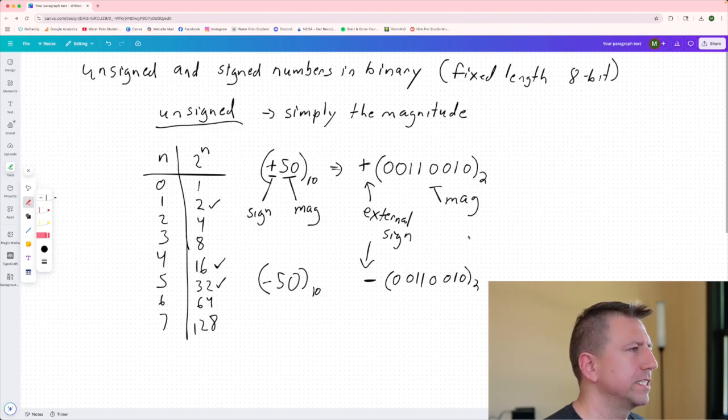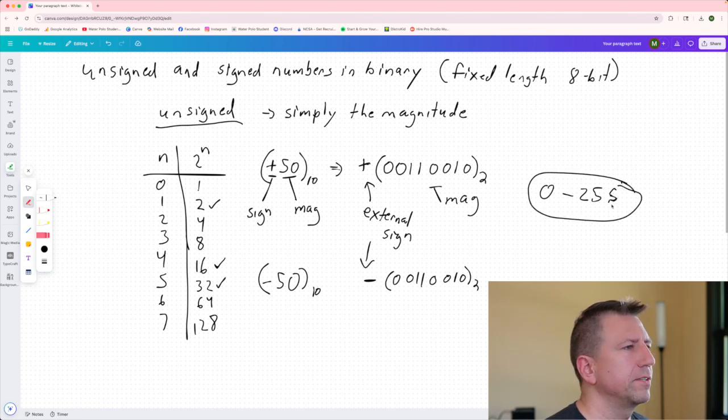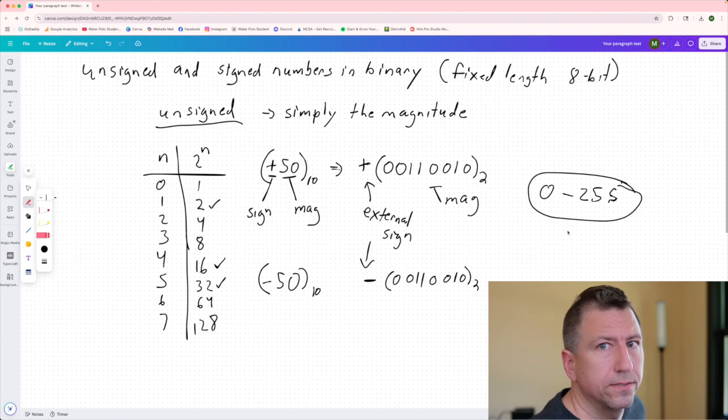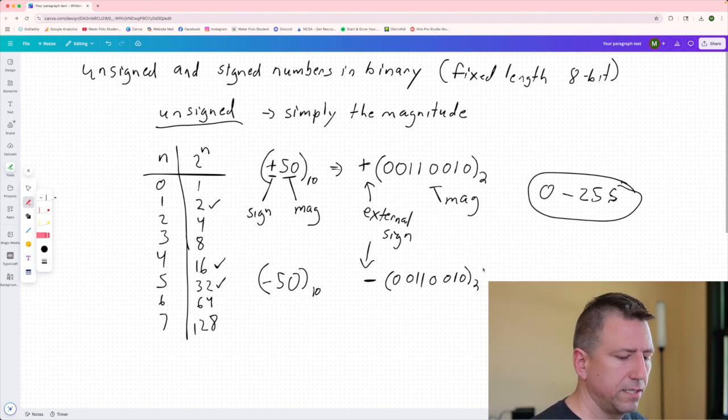The advantage is that we do get to use the whole range of numbers. And so this goes from 0 to 255, so that whole range of numbers. Now, if you're never going to use a negative number here and you know you're just looking at the magnitude, then sure, use it unsigned, and then you can have a bigger range. Okay, so that's an unsigned binary number.